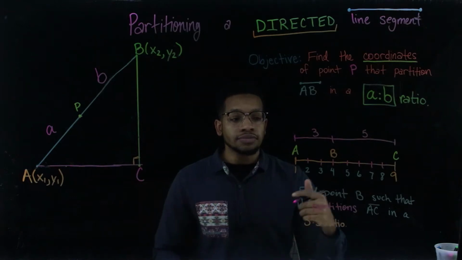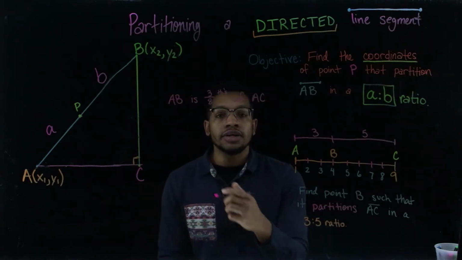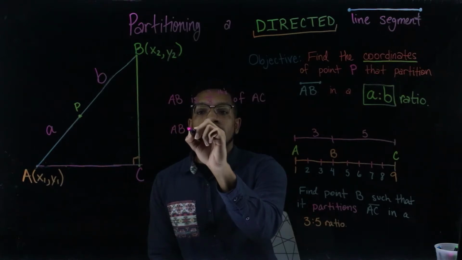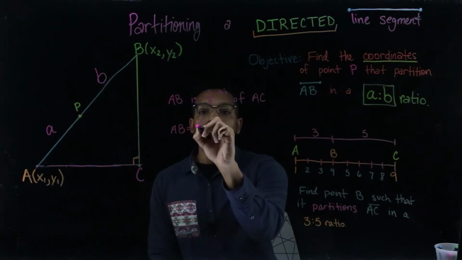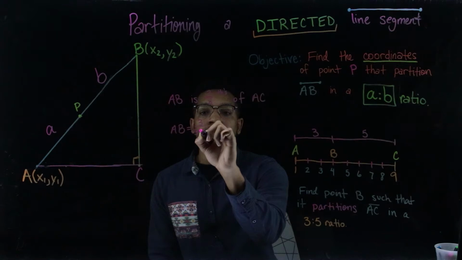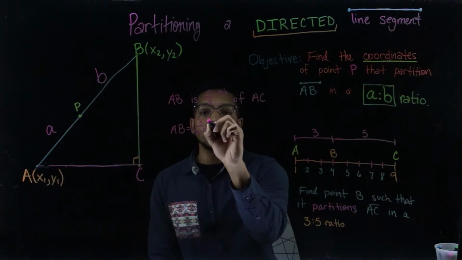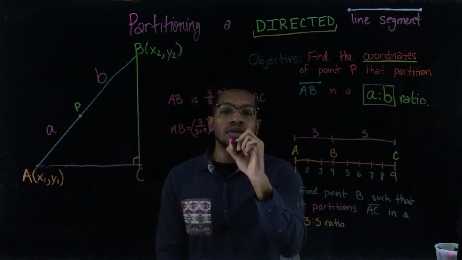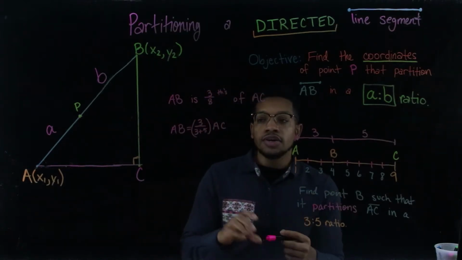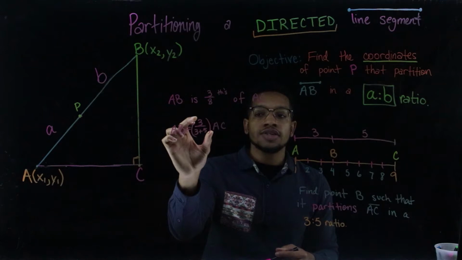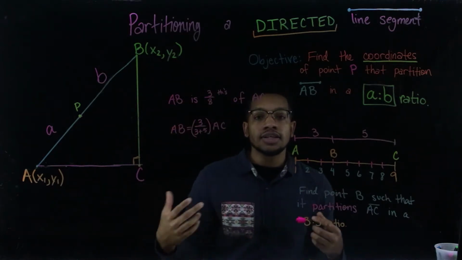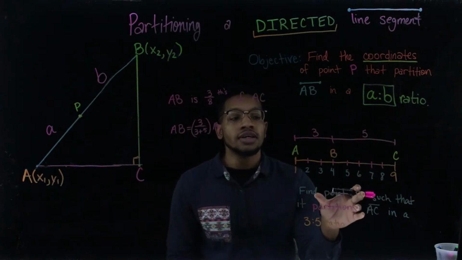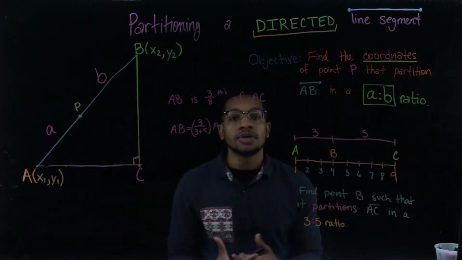So the way you need to think about it is that AB equals 3 over 3 plus 5. Remember, that's where that 8 came from. So AB is 3/8 of AC. If you understand that AB is just a fraction of AC, then that's basically what partitioning a line segment is. We can use this to show us how to derive the formula to find a point.